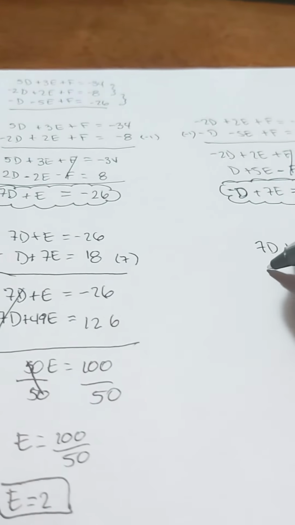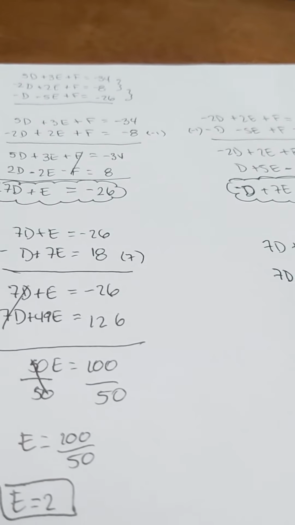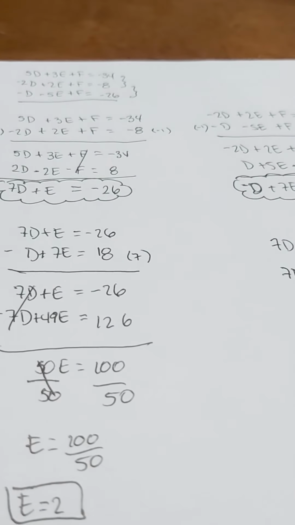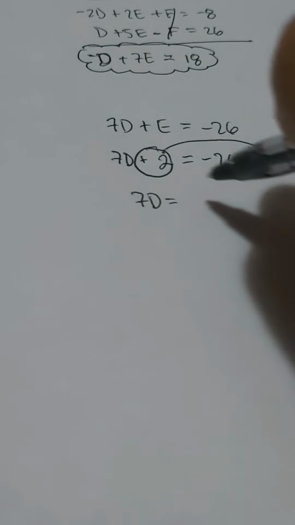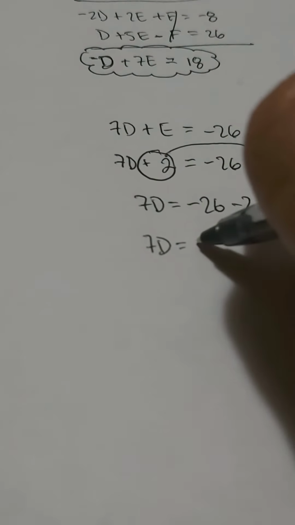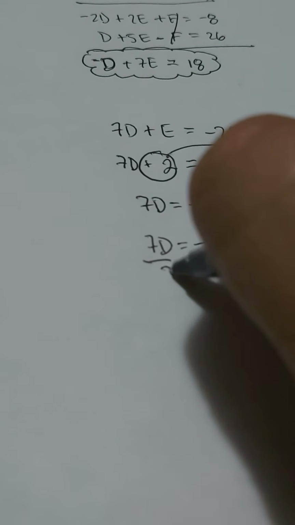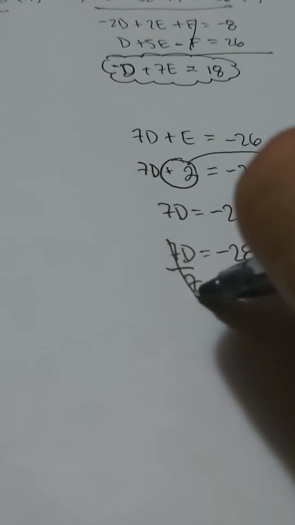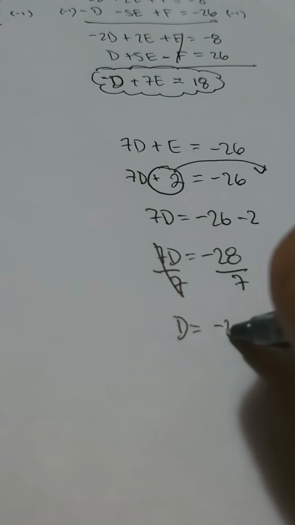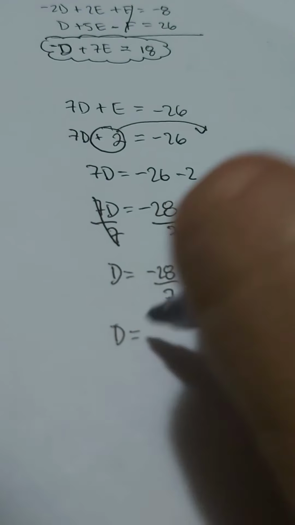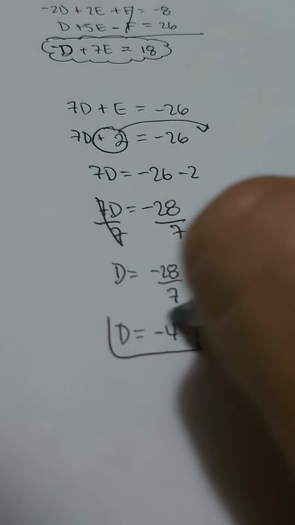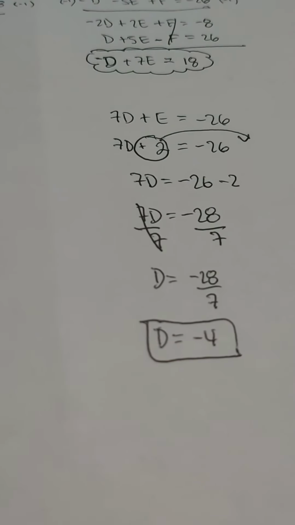Let's substitute: 7D plus 2 equals negative 26. 7D equals negative 26 minus 2. 7D equals negative 28. Divide by 7. D equals negative 28 divided by 7. D equals negative 4. Now all we're missing is F.